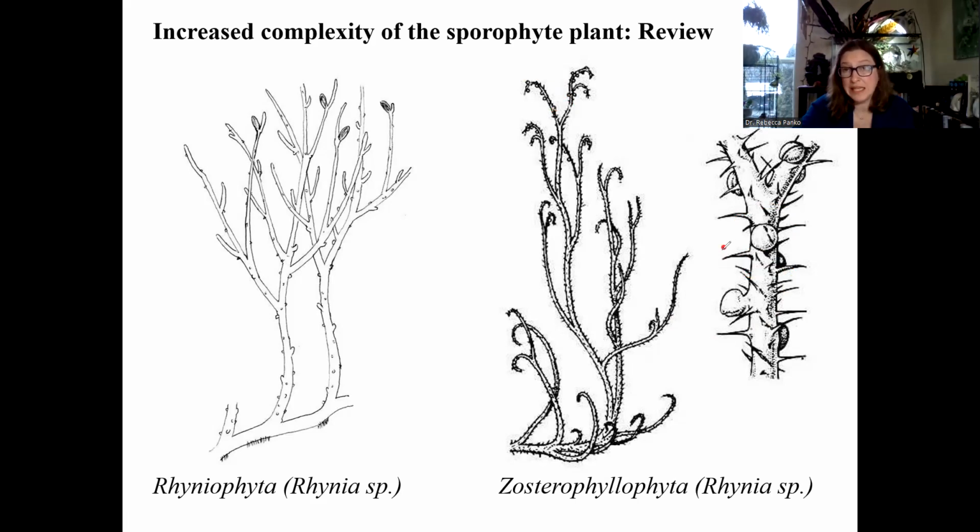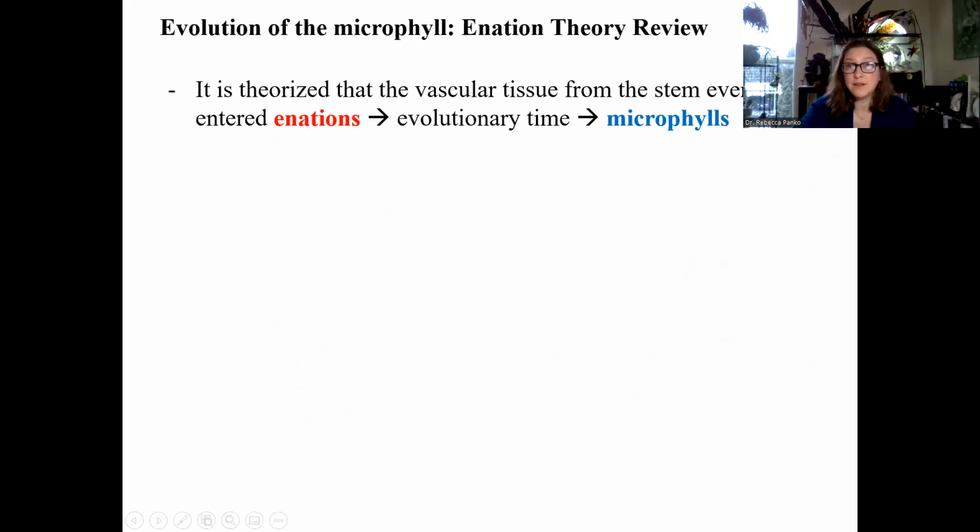We also see a new structure, these things called enations, that we're not exactly sure what they do, but it's still more complex. And we think this ultimately led to microphylls.